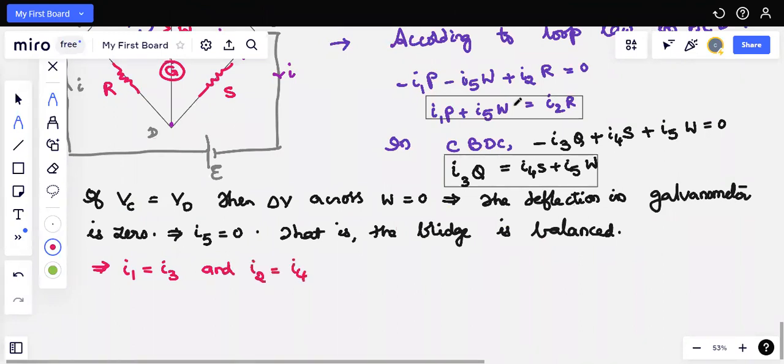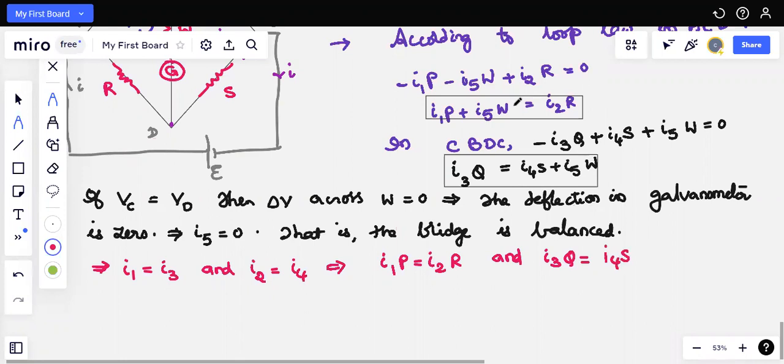Then we can write, since I5 is 0, in this loop equation I1P is equal to I2R, and here also I5 is 0, so I3Q is equal to I4S.